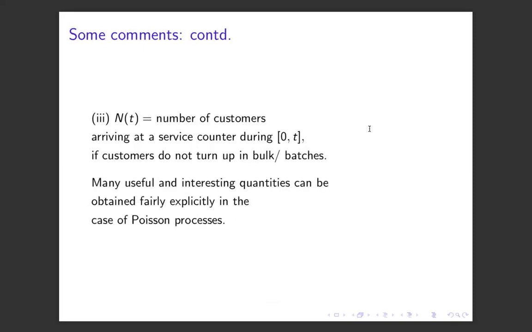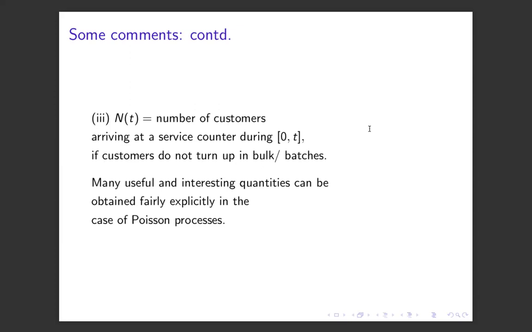Many useful and interesting quantities can be obtained fairly explicitly in the case of the Poisson process. That is, the distributions of those things can be obtained. Some of these we will take up from the next class. We will first find out the waiting time distributions. This is a counting process, and N_t denotes the number of arrivals or events of interest during 0 to t.